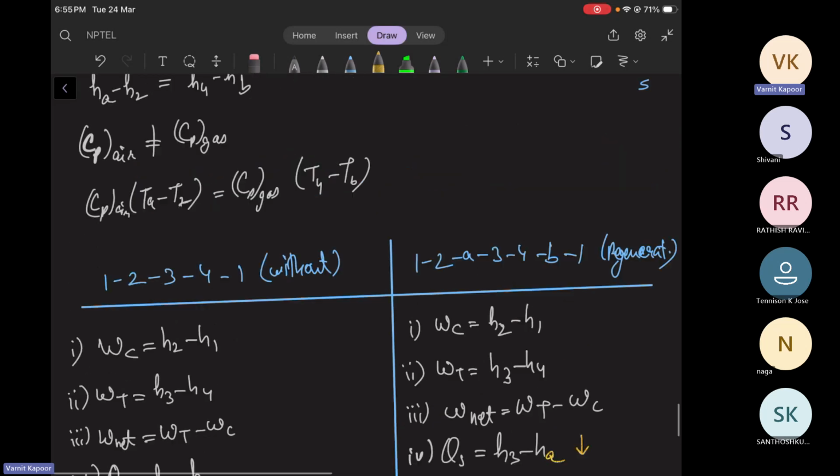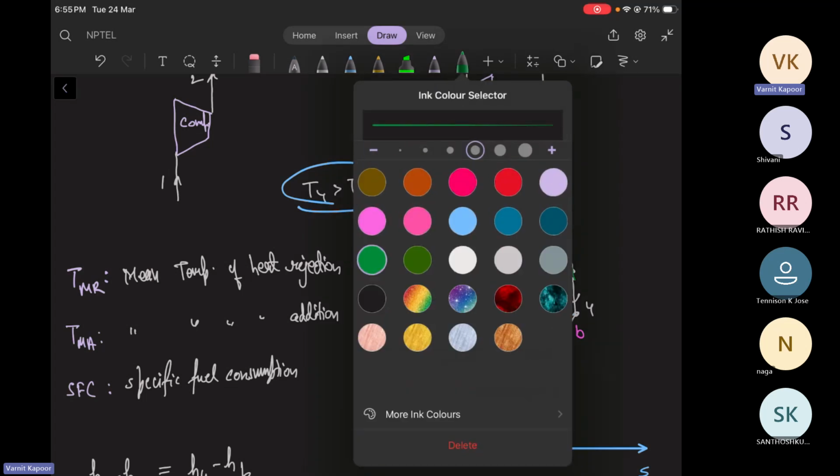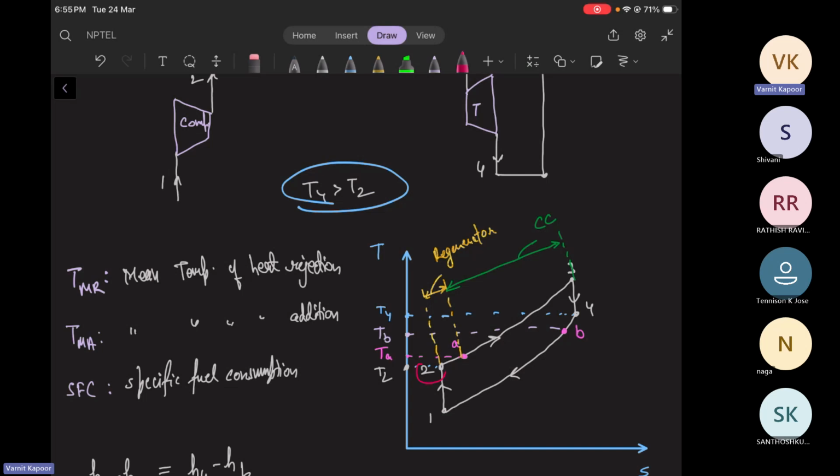Now what will happen to the terminology, that is, the mean temperature of heat addition and mean temperature of heat rejection. Let us deal with the mean temperature of heat addition first. Earlier, heat was added from temperature 2 to temperature 3. Let us say temperature 2 was 100 and temperature 3 was 500. For an example, what will be the mean of 100 and 500? 100 plus 500 is 600, divided by 2 is 300.